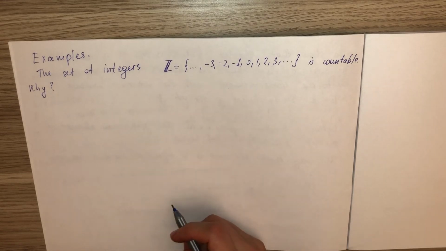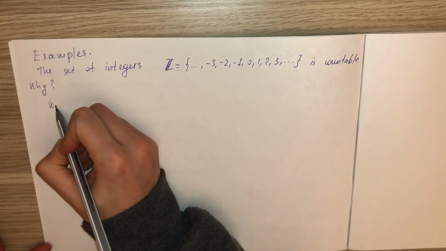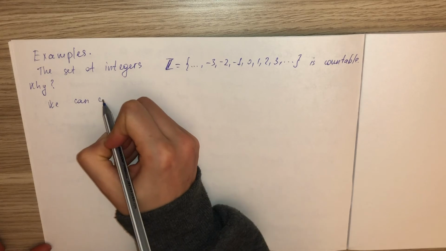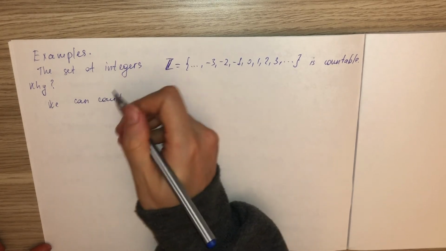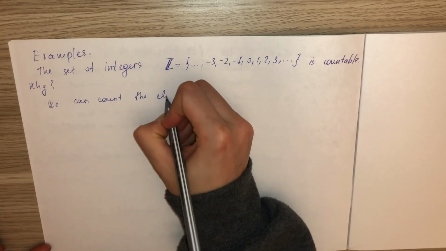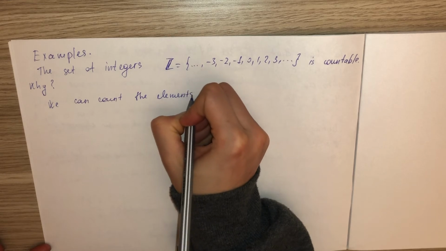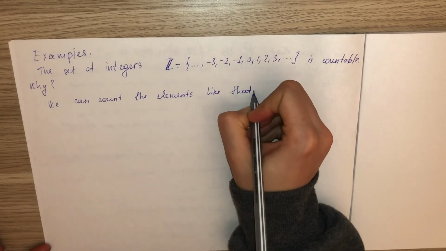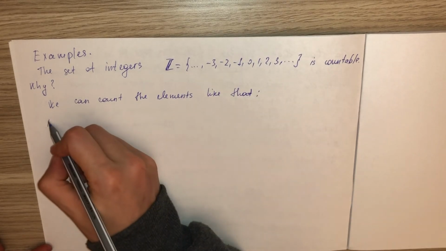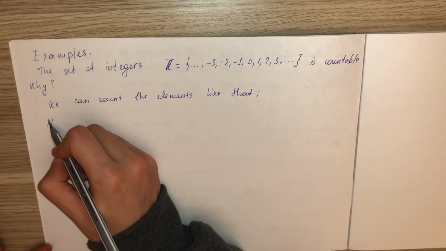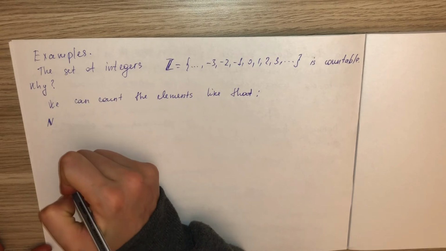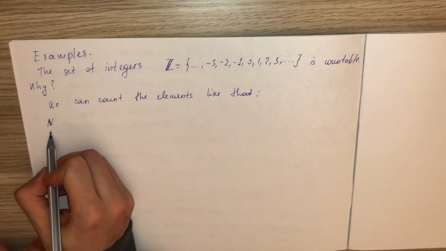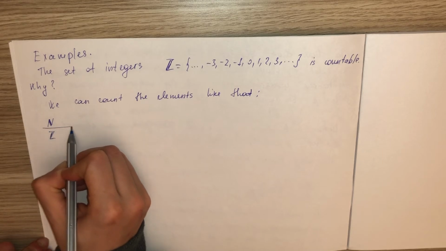We can count the elements like that. This is the set of natural numbers, and this is the set of integers.